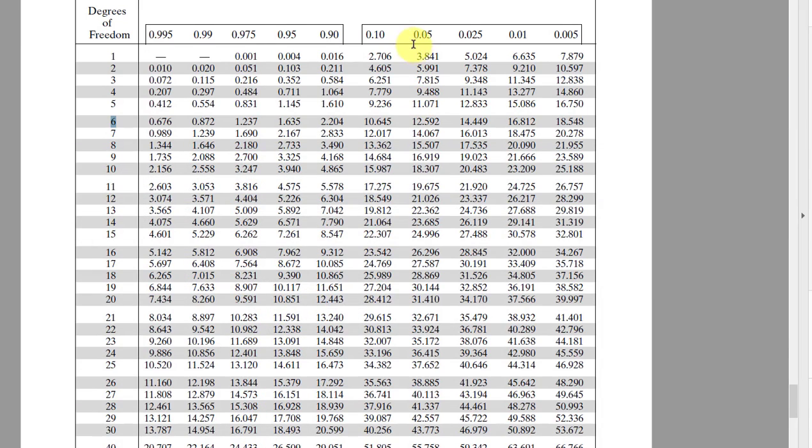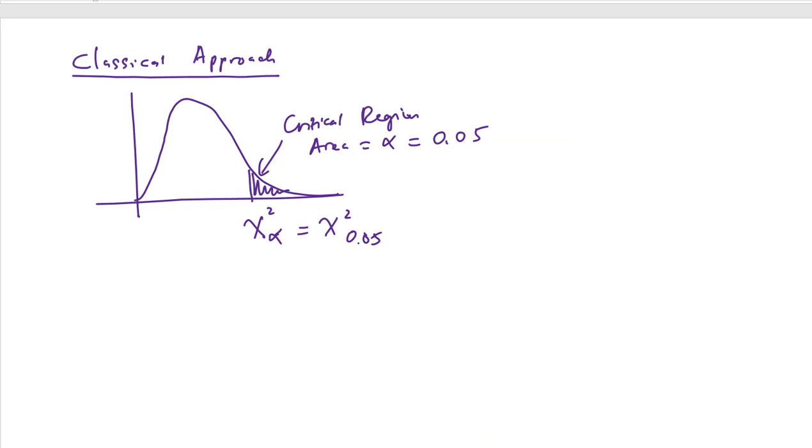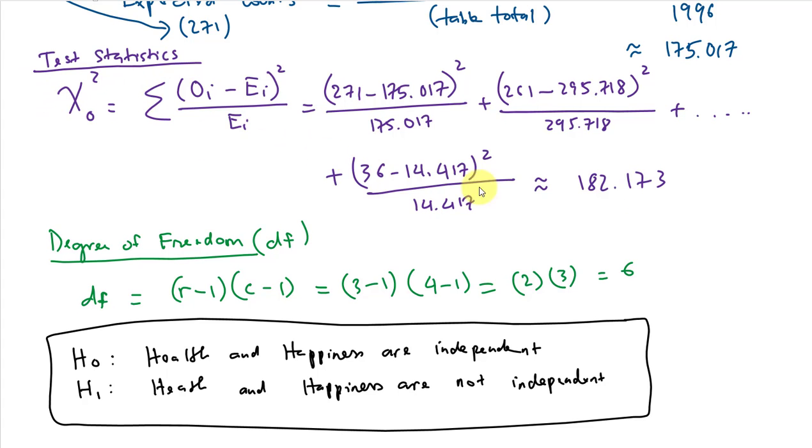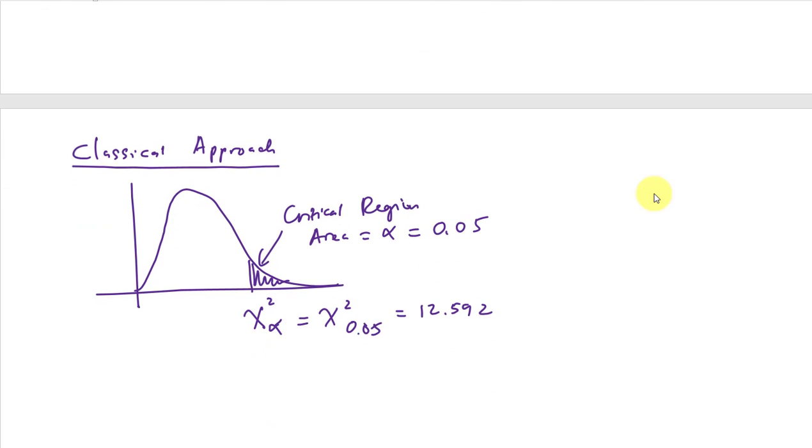So I find 0.05 with 6 degrees of freedom, and that gives me this value here: 12.592. And our test statistic is 182.173, which is way beyond the number 12, right?